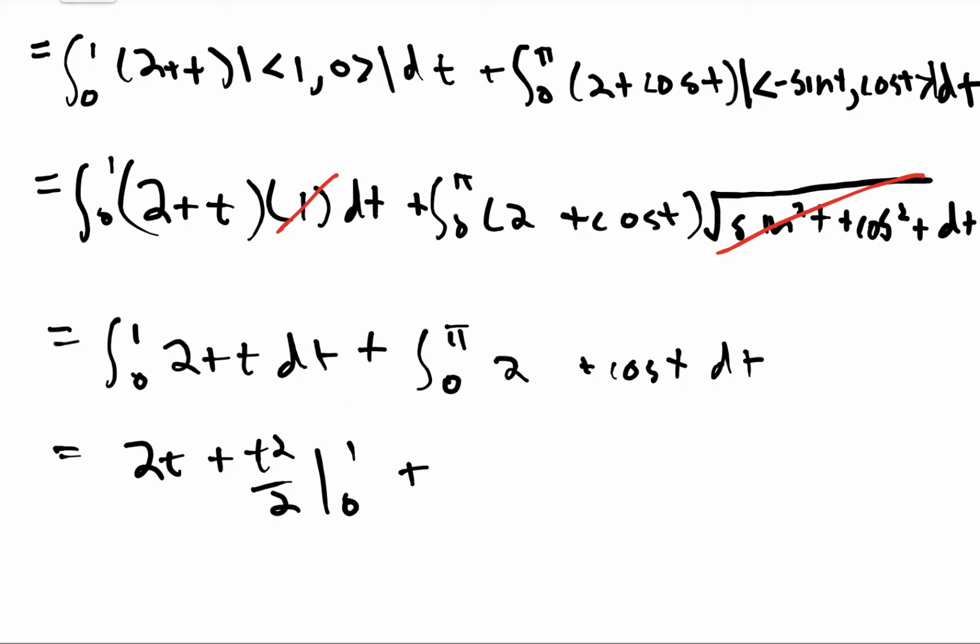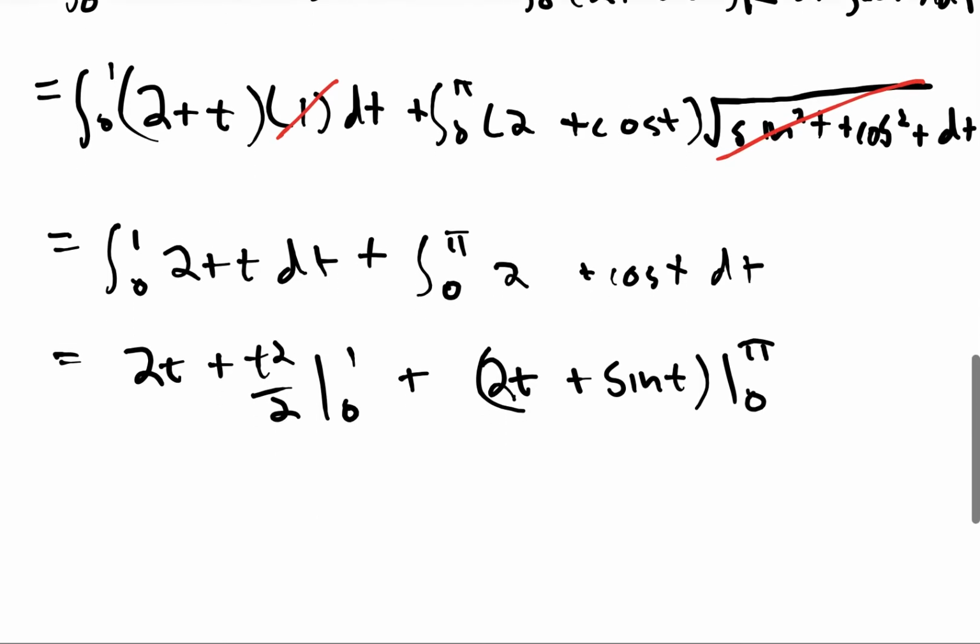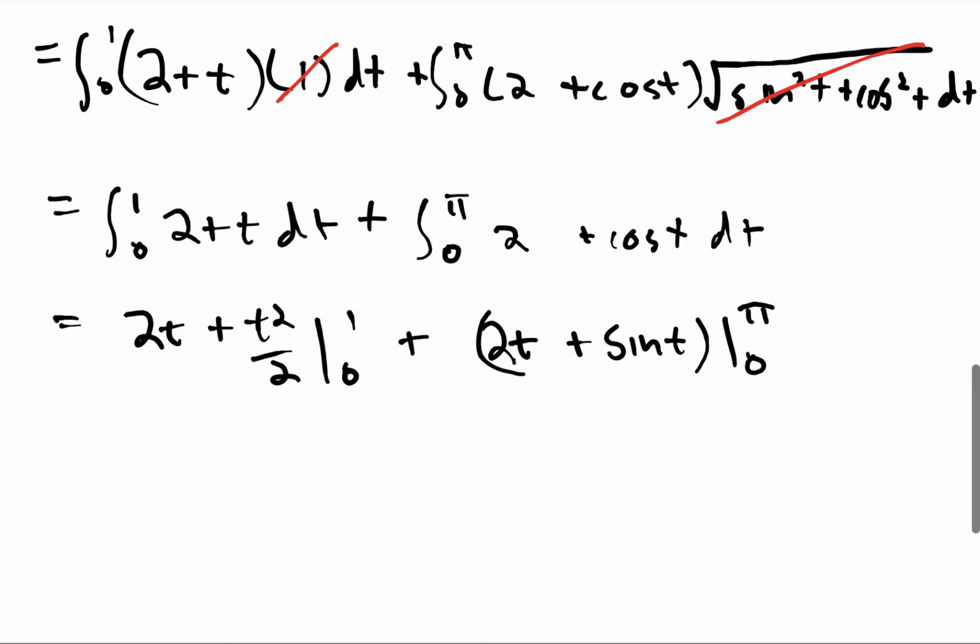So same function that we're integrating, right? Not a different one. Here, if I antiderive 2, it's the same 2 that I antiderived before. I'll get 2t, plus a cosine t antiderived, so basically plus a sine t on the end. We're evaluating between 0 and pi. And if I go to evaluate these things, this first piece, I'm just going to get 2 plus a half.